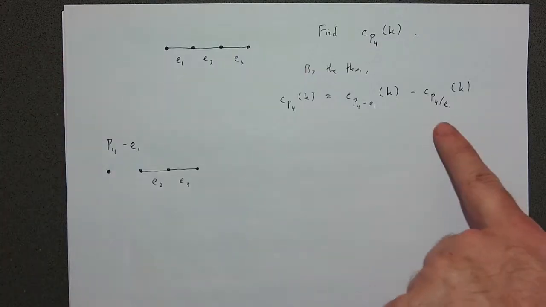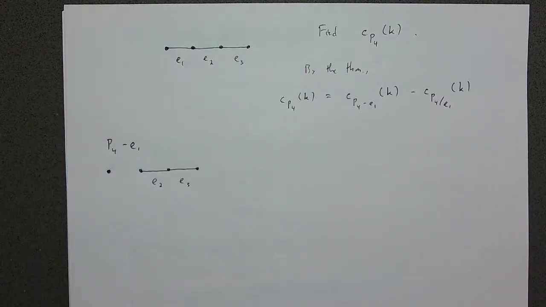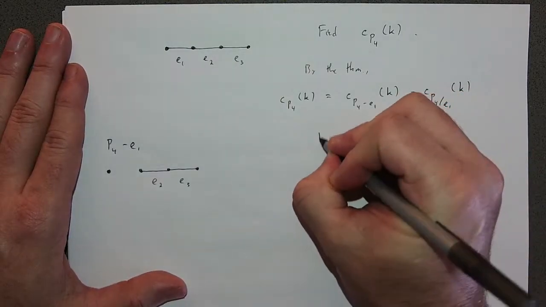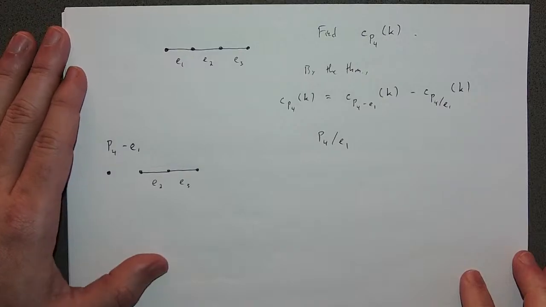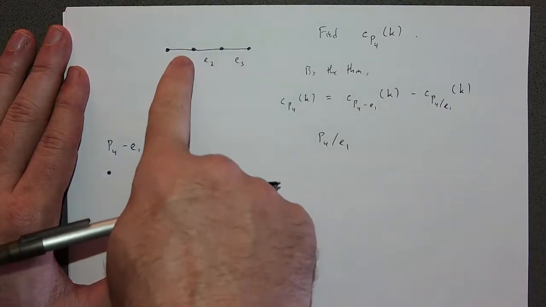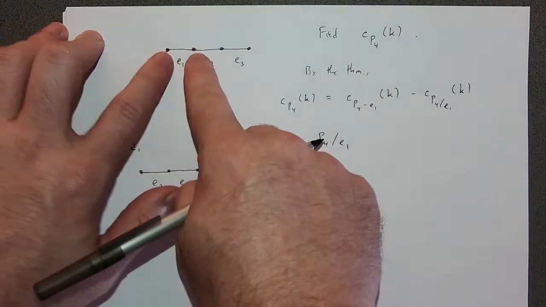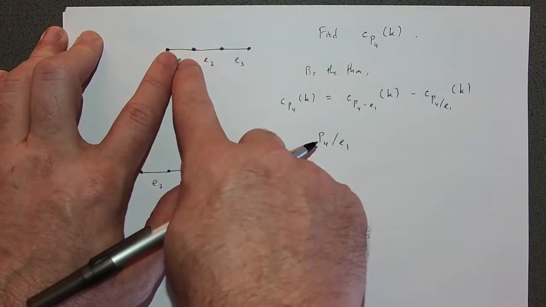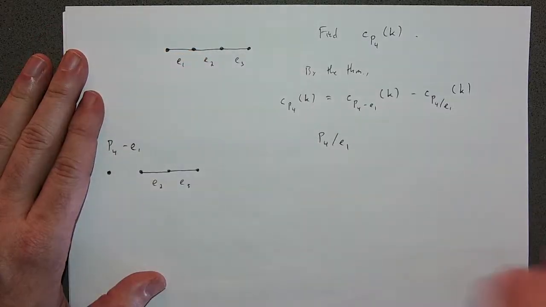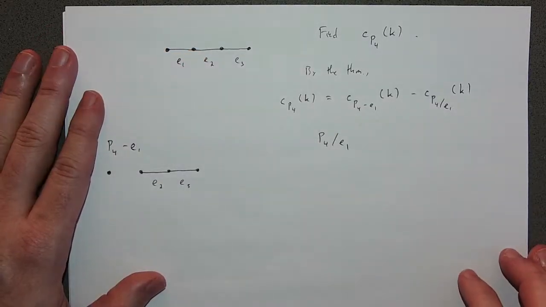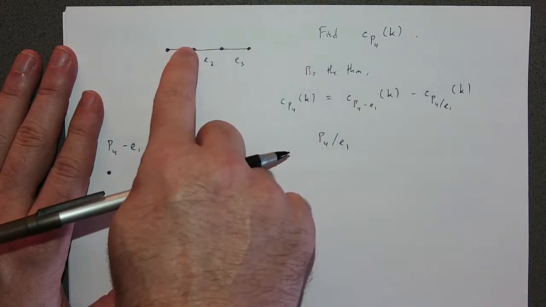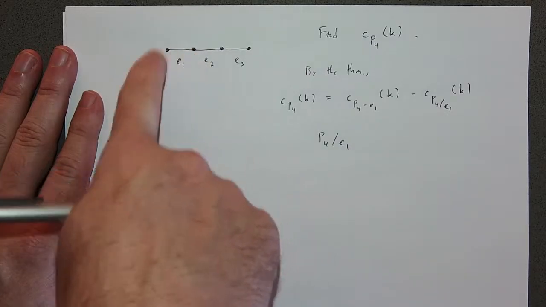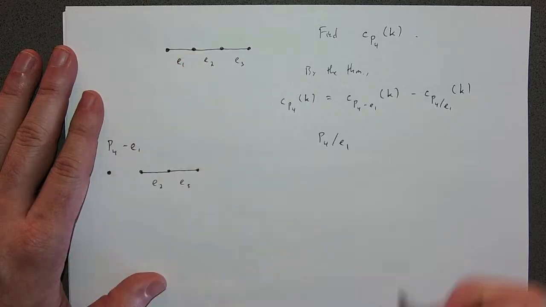What does the path on 4 vertices mod the edge E1 look like? Remember how this operation works. I would remove the edge E1, identify its endpoints, and remove any multi-edges down to a single edge if I need to. Well, here, removing that edge and identifying the endpoints basically collapses this edge entirely to a point. It crushes this edge to this point and identifies it.